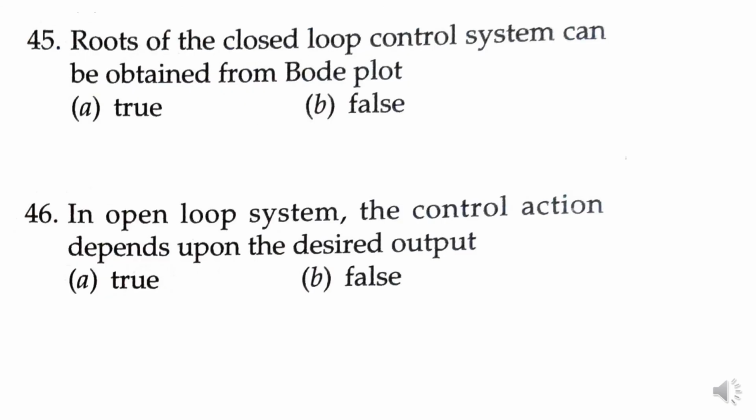Next, the roots of the closed loop control system can be obtained from a Bode plot. The option is false. Option B is correct. In an open loop system, the control action is dependent upon the desired output, that is also false.